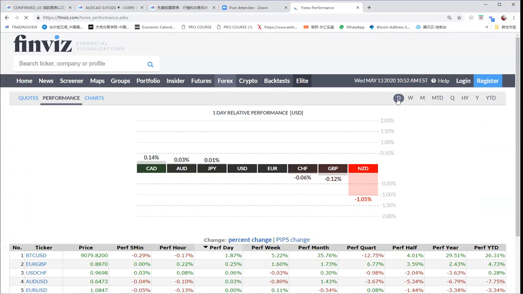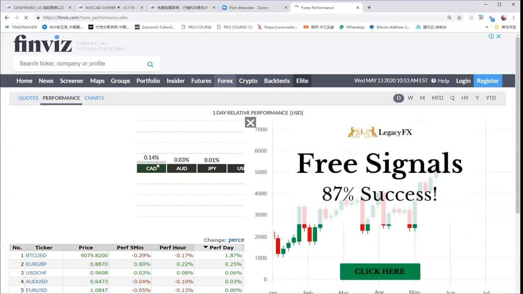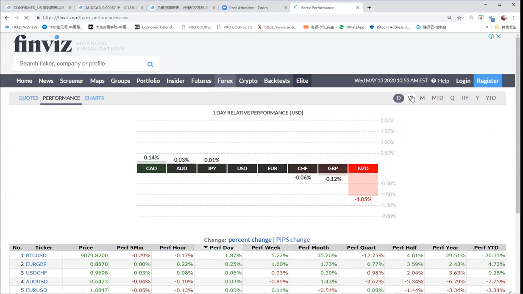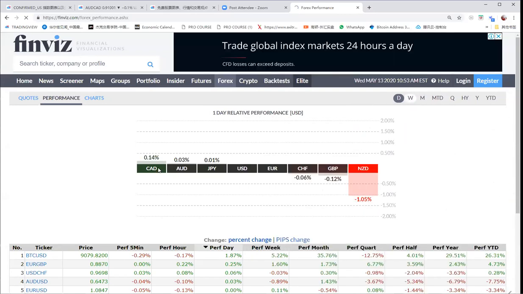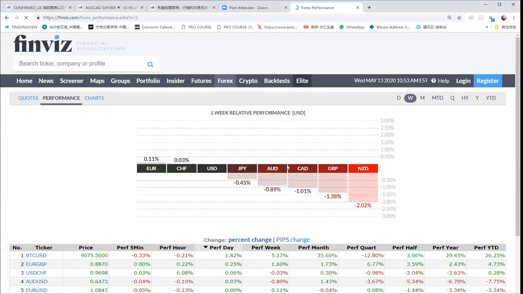You check the daily chart, you can see the top gainer of this day is Canadian first, Aussie second. They are very, very close, correct? And if we take the weekly chart, still these two pairs. Sorry, you see the Aussie and Canadian are negative gain, but they're still very close.